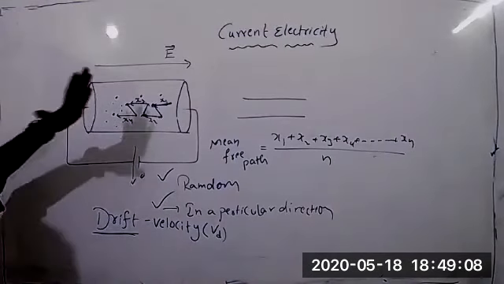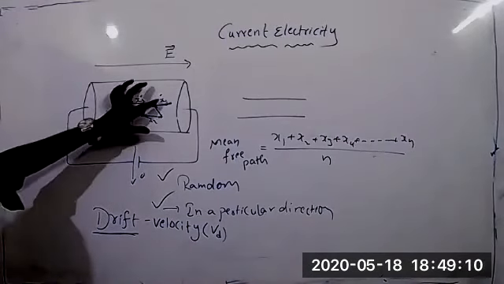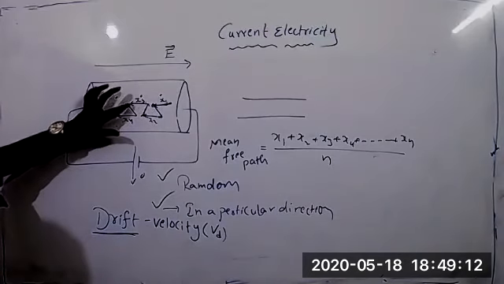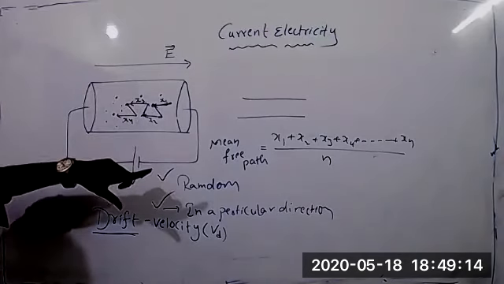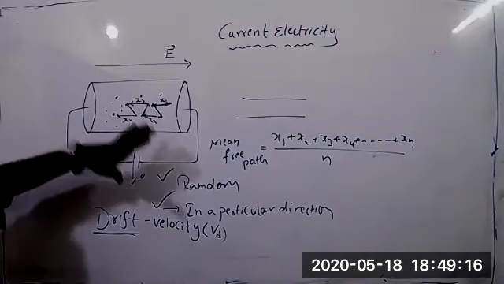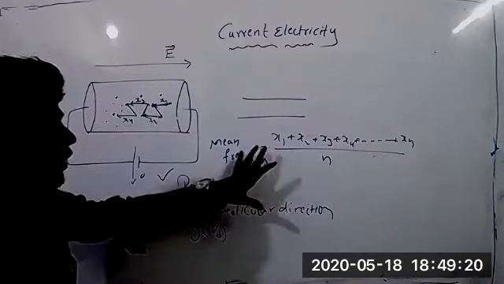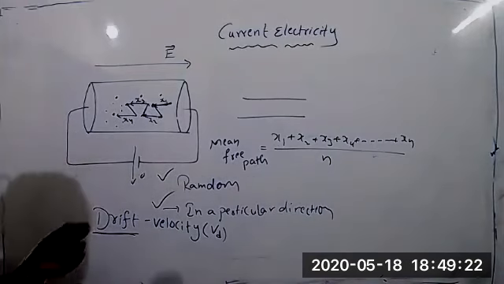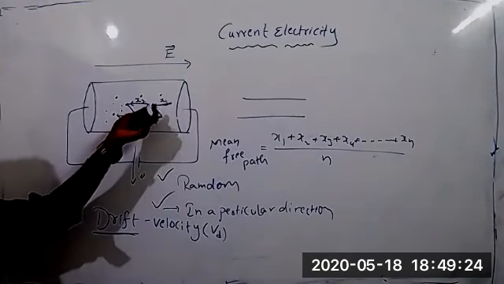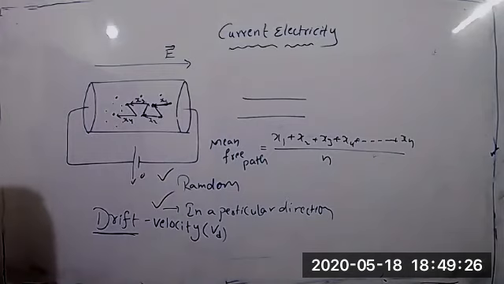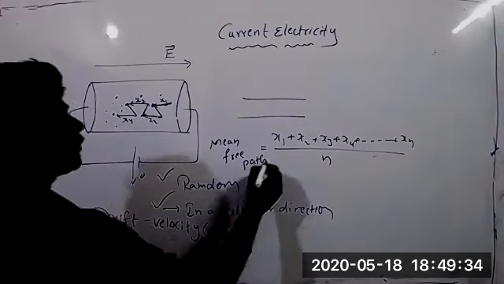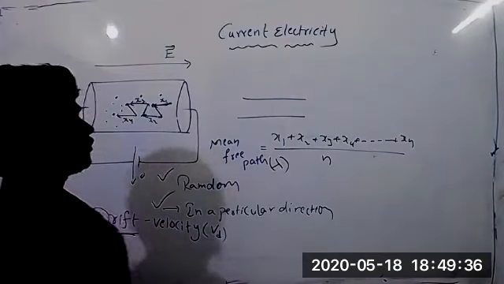Here n number of free paths are there. Total free paths divided by the number of free paths, that average you will get as the mean free path. Before collision, a particle covers a certain distance, right? That is called free path. The average of the free path is nothing but mean free path, denoted with the letter lambda.